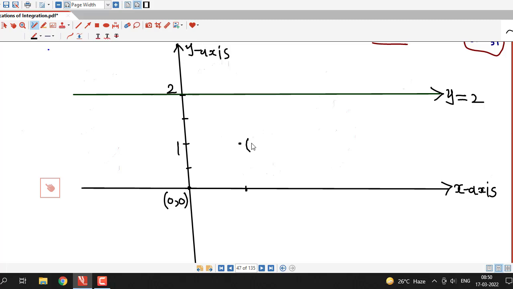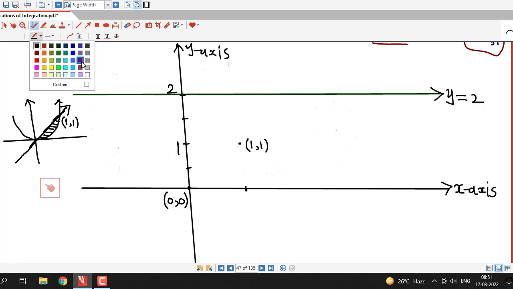This point is (1, 1), and we have to consider the region enclosed by y equal to x and y equal to x square. We are familiar with the graph of y equal to x: it is the line passing through the origin at 45 degrees, and y equal to x square is the parabola which opens upward. So our region will be this portion only, between (0, 0) and (1, 1).